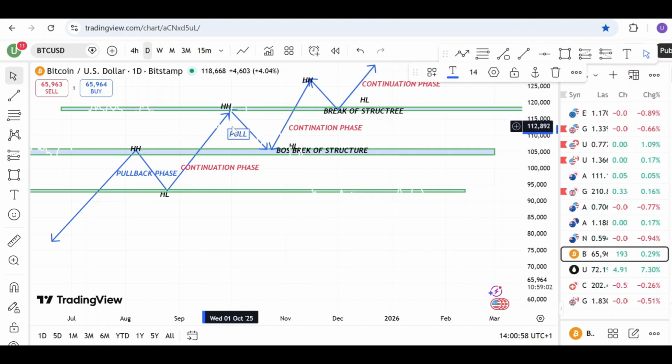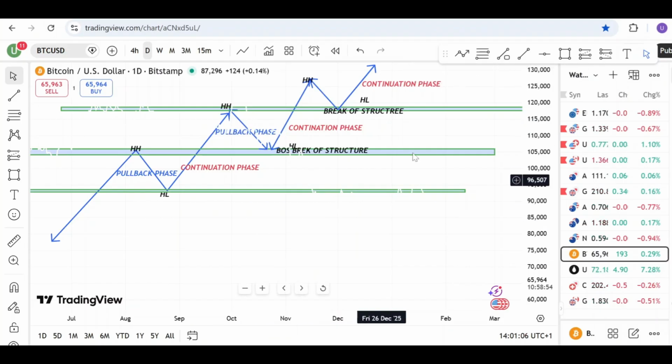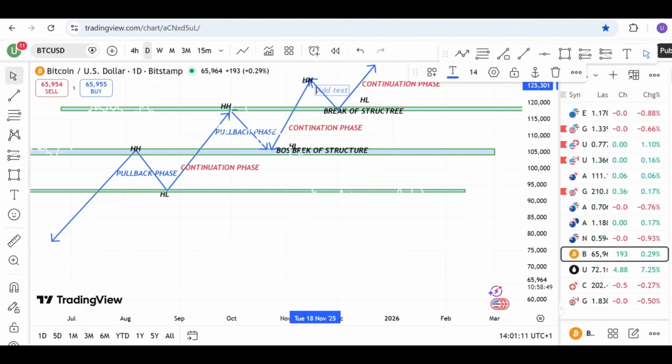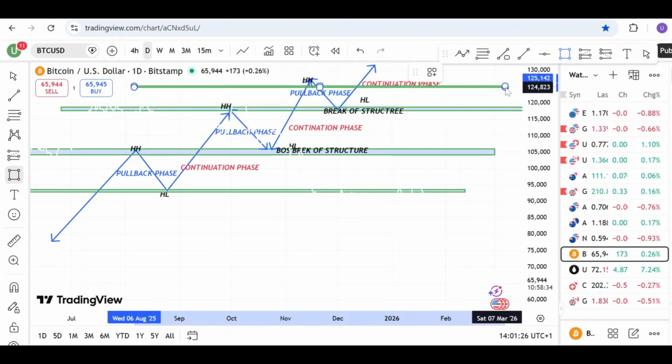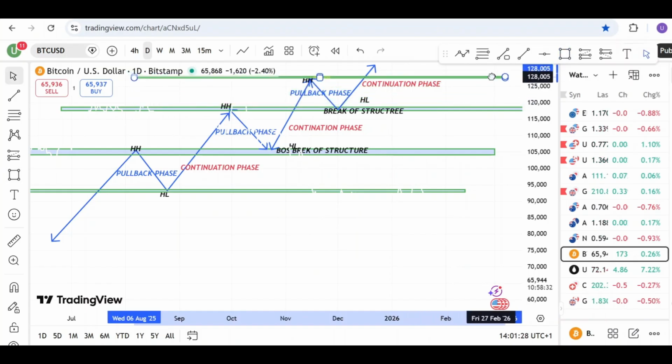Those are pullback phases, and this pullback too. This is a pullback phase.